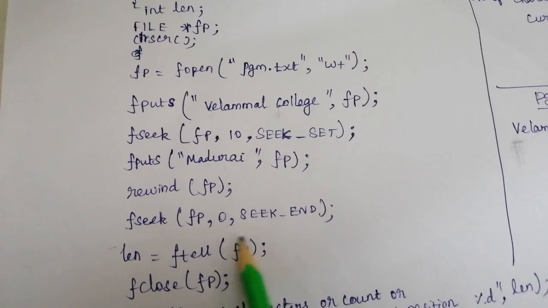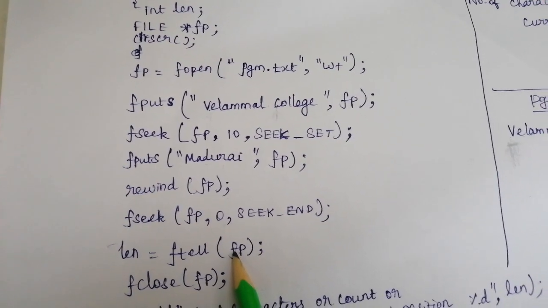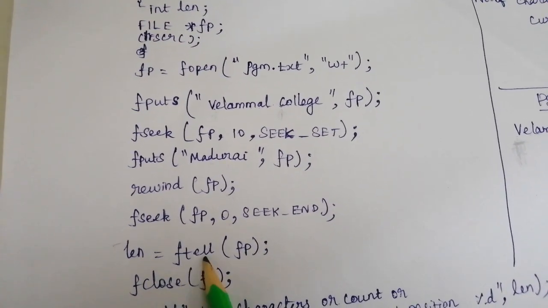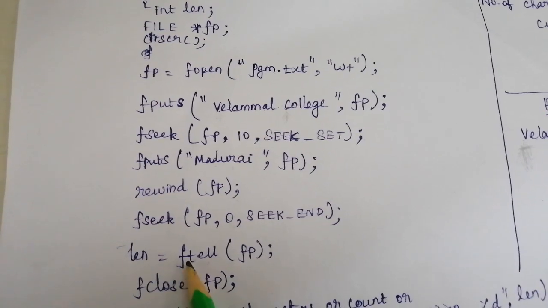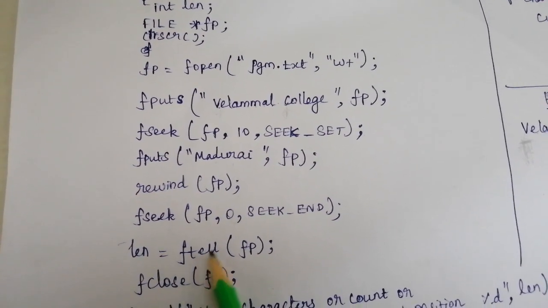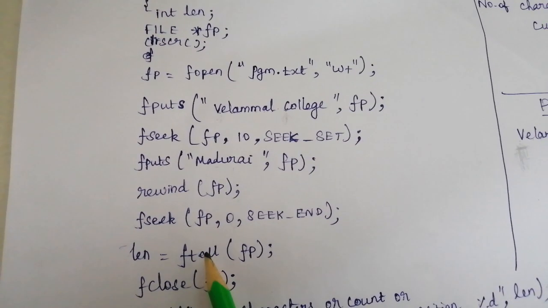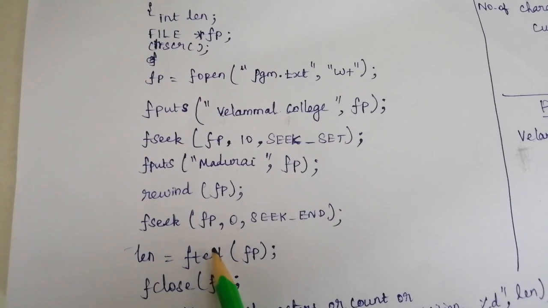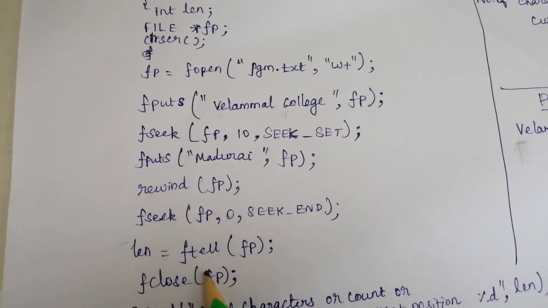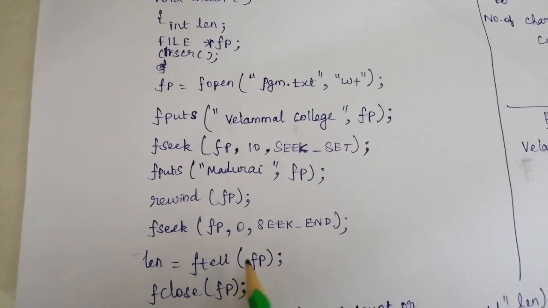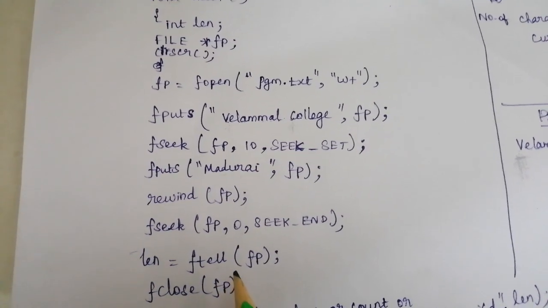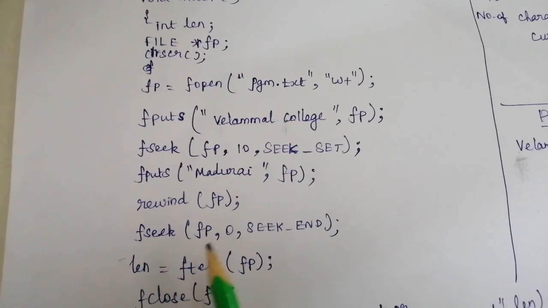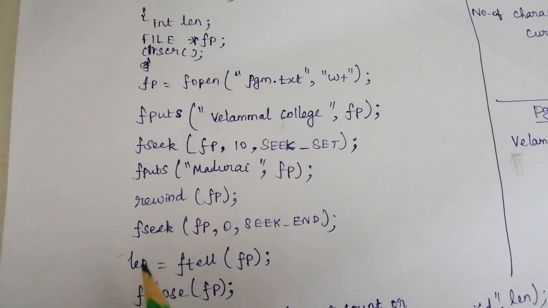As I already said, ftell is used to return the current position of the file pointer. That current position value is counted from the beginning of the file. It means how many characters are present in the file. That value will be stored in the variable len.